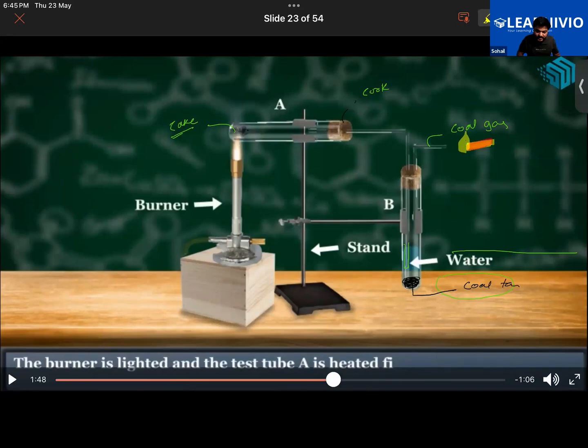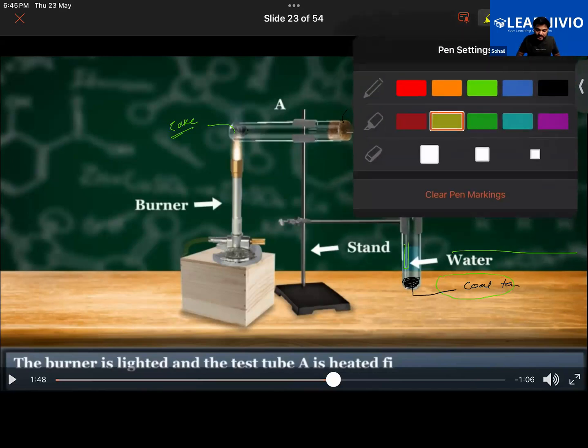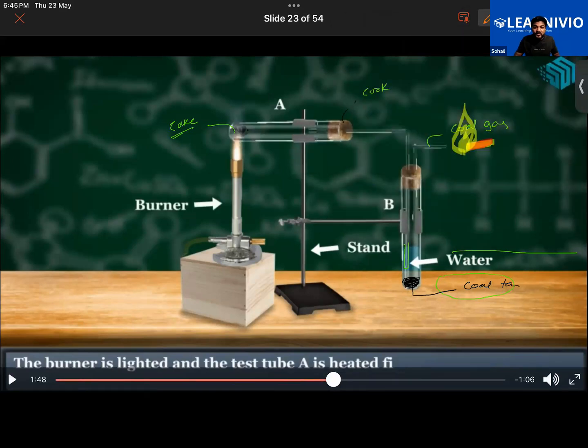As soon as you bring it near this, the flame will become bigger because of the coal gas. Coal gas is one of the fuels. Earlier, coal gas was used in street lamps. Nowadays it is also used in industries. So hope you guys have got it.